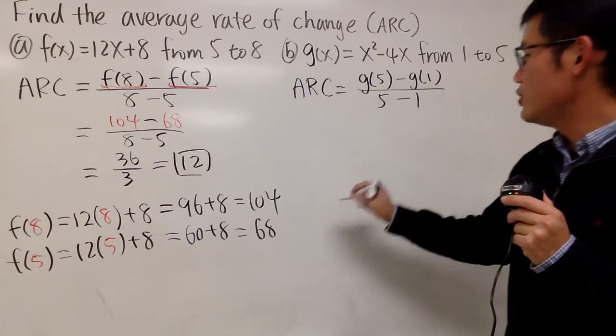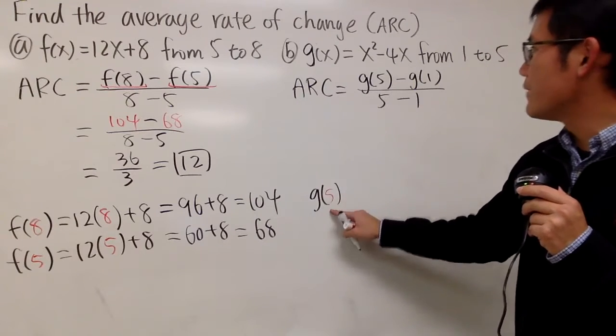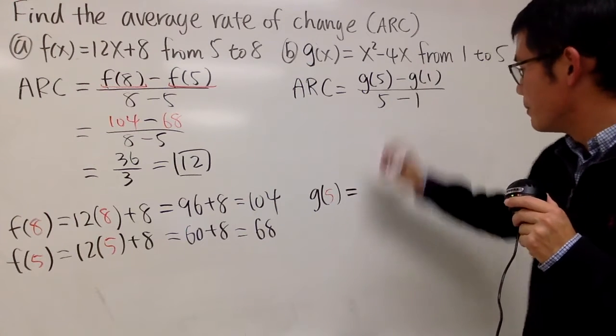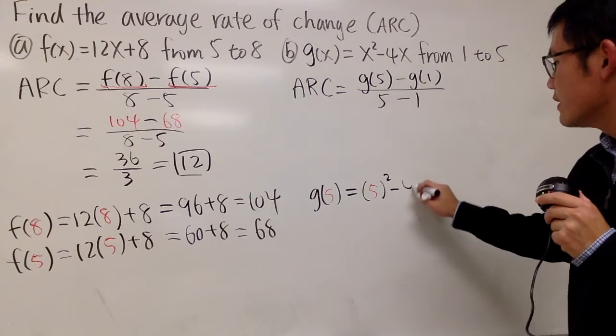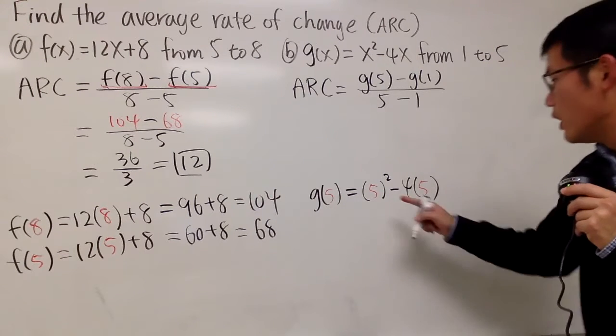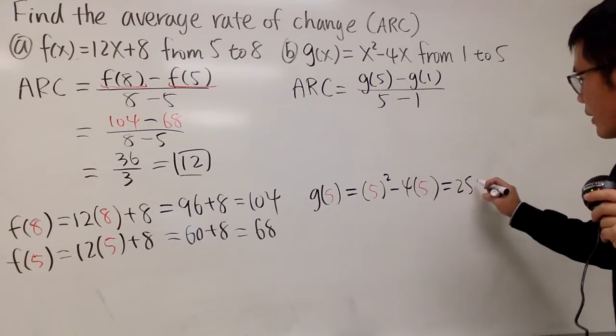Now, let's see what's g of 5. For this, all we have to do is put a 5 in here and also in here. So we get parentheses 5 and then square that and then minus 4 times 5 like this. Well, this is 25 and this is 20.